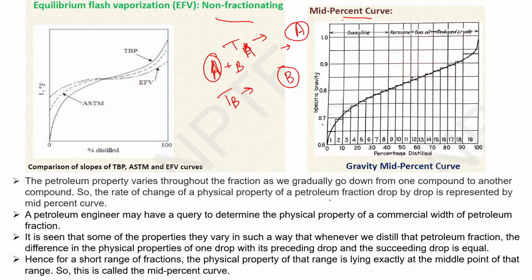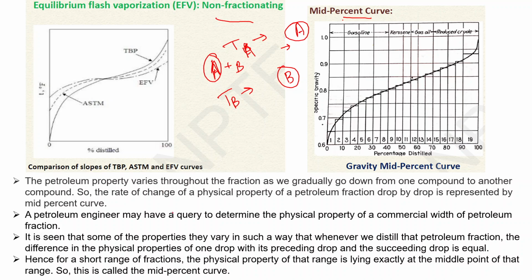The rate of change of physical property of a petroleum fraction, drop by drop, is represented by the mid percent curve. Suppose a petroleum engineer has a commercial petroleum fraction and wants to determine its physical property.